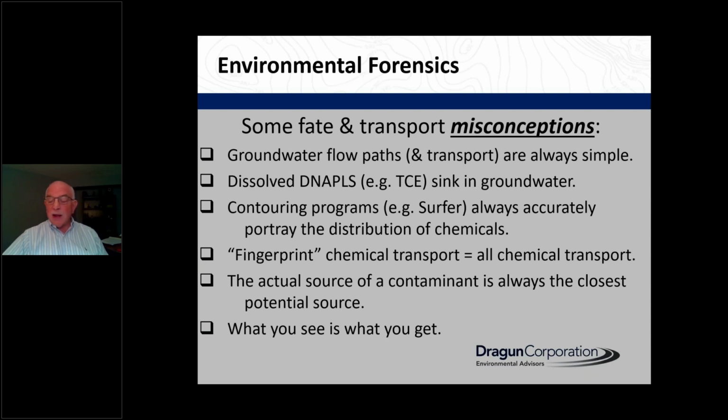What you see is what you get. And this is where isotopes come in. Isotopes, we'll talk about a little bit later on, allow you to look at water, for example, and differentiate between different masses of water because you can look at parts of the atoms in the water molecule, and know that they're different from other masses of water.